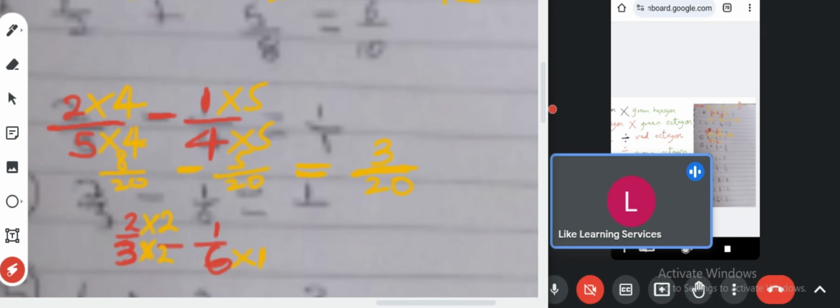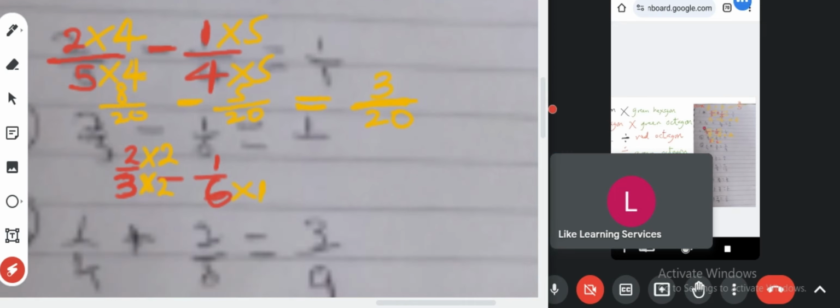Do you remember now? Yes. We multiplied 3 by 2, so we also multiplied 2 by 2. I multiplied 6 by 1, so I should multiply 1 by what? 1 by 1, good.